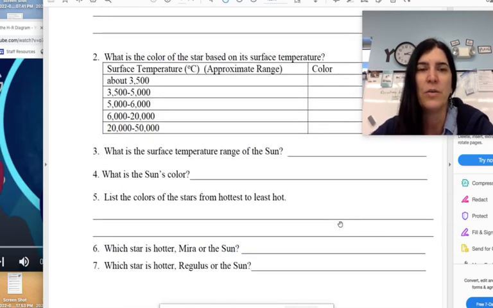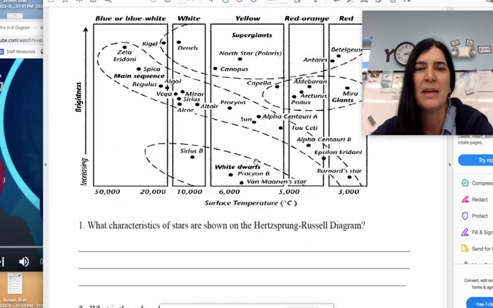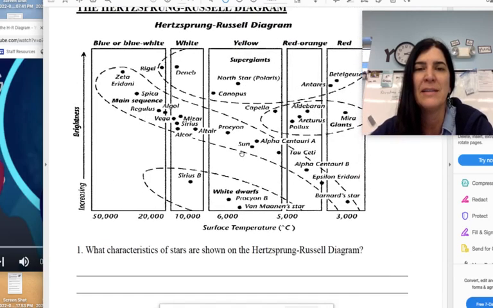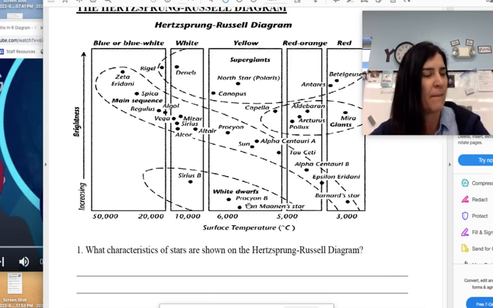So moving on to question 3, what is the surface temperature range of the sun? So you're going to find the sun is over here, and then what is the temperature range? So it's going to be right here in between 5,000 and 6,000 degrees Celsius. So what is the temperature there? What would you say?